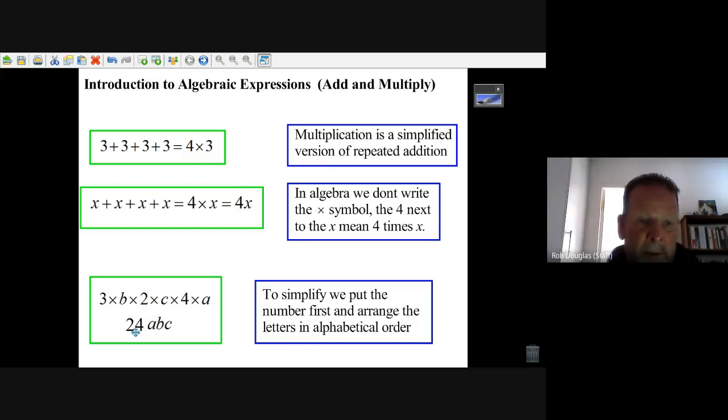So the answer to the numbers is 24. Now this is b times c times a, but in algebra we like to put things in alphabetical order. It's kind of mathematically correct to put it in another order, but that's the convention. So this whole thing here would become 24abc.